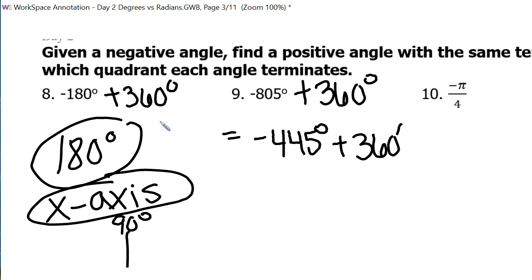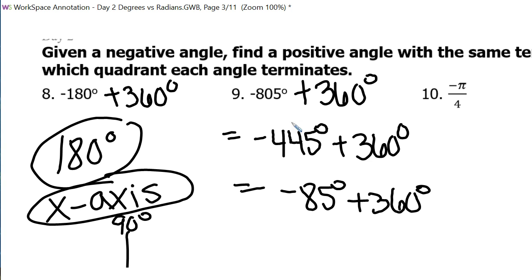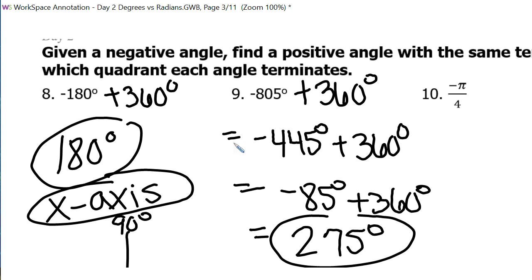And when you add 360 to that, what do you get? Negative 85 degrees. Have to do it one more time. What's negative 85 degrees plus 360 degrees? 275. Yes. So 275 degrees, and 275 degrees terminates in quadrant 4.